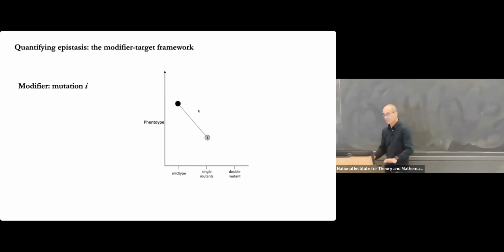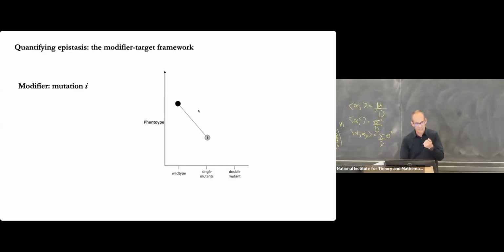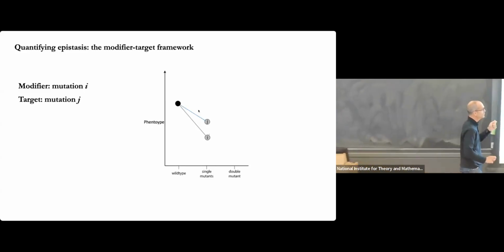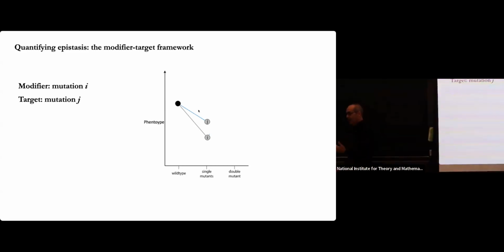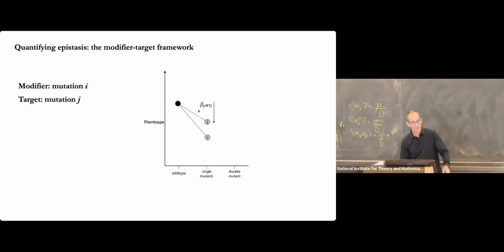It has some effect on the phenotype, but it provides a background in which we can compare the effect of another mutation, J. What is J's effect on the phenotype when it occurs in the wild type versus when it occurs in the background of the modifier? This shows you the effect of mutation J when it occurs in the wild type background. That's the expected effect of J on the background of I if there's no epistasis.